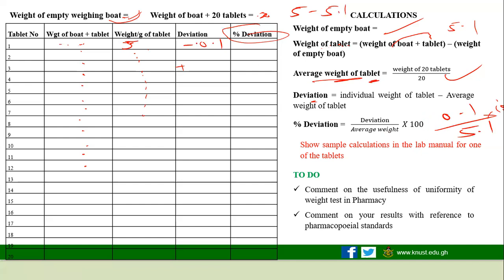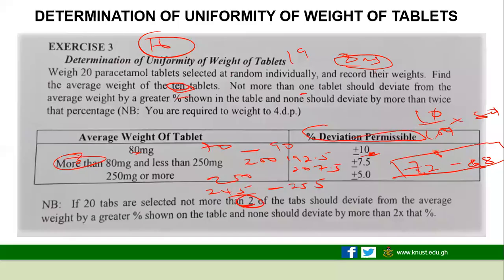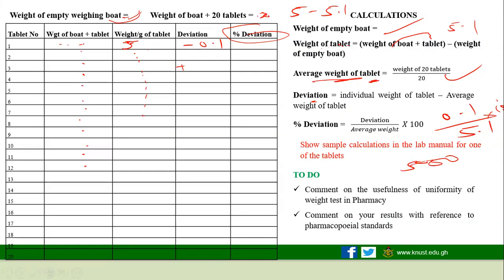Now, after getting it, the tablets we considered in the experiment in the lab were 500 milligram, right? The 500 milligram will fall under this section, 250 or more. So we are saying that deviation should not be more than 5%. If all of the values here are less than 5%, then we have passed.